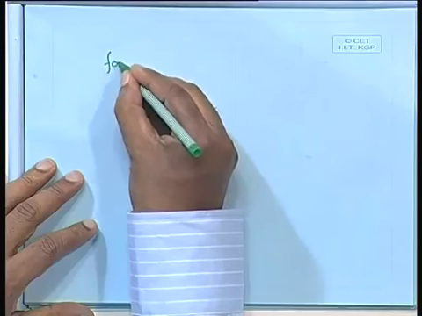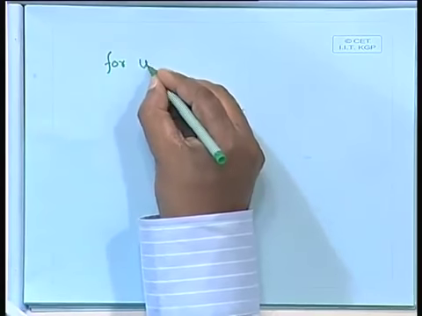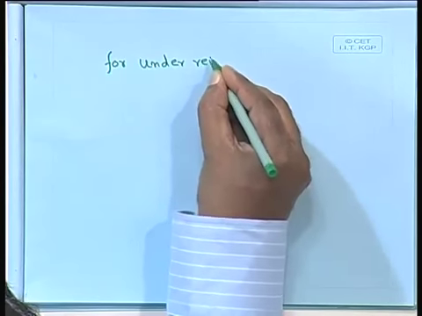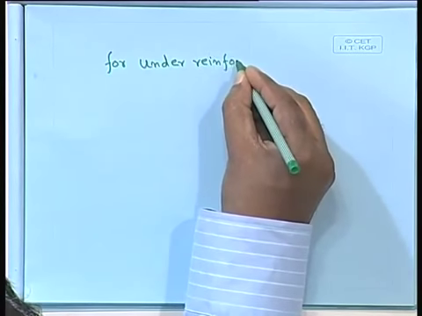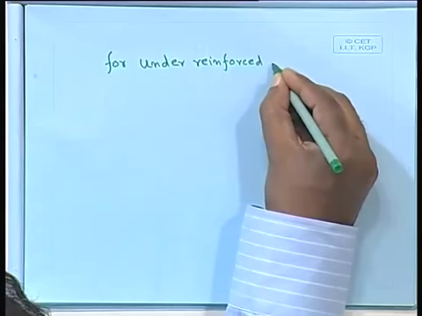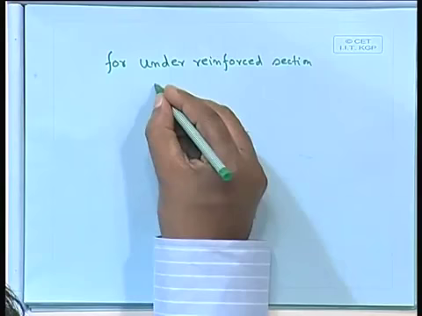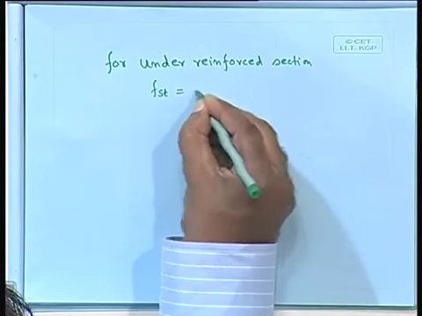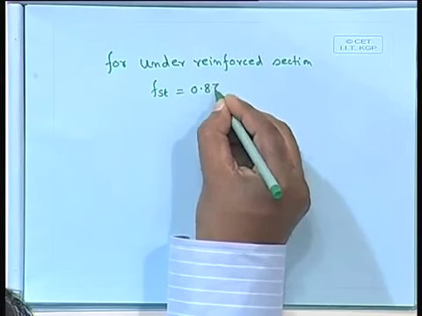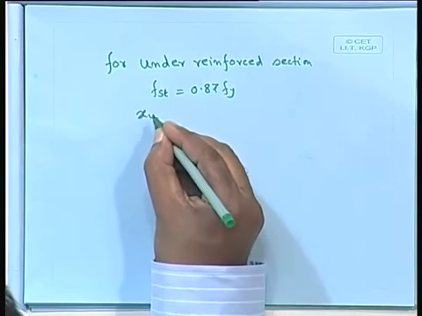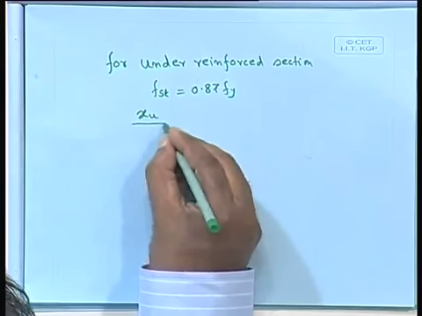So we can write down the equation for under reinforced section. fst equal to 0.87 fy.